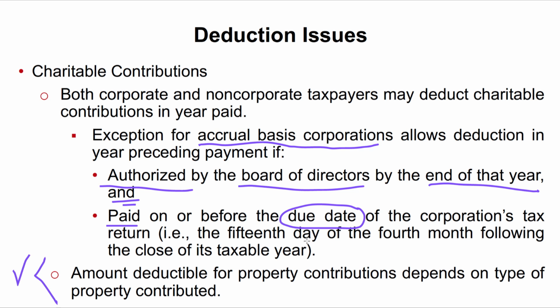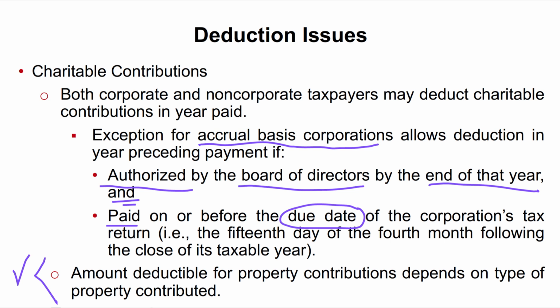The idea is that the board of directors authorizes a payment to a charity at the end of the year. Maybe they're a calendar year corporation, they do this in December for the holidays, for United Way or some other charity. And they say, we're going to approve and authorize that on January 15th we're going to pay out a $1 million charitable contribution from the corporation.